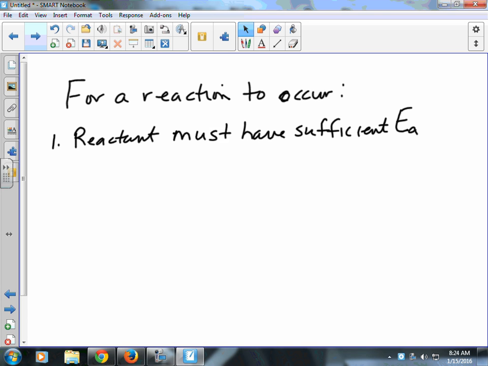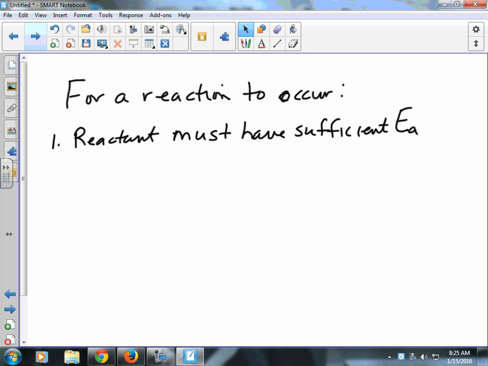Since they do not all have the same velocities, if some of them don't have enough velocity, they're not going to have enough activation energy for anything to happen. If they don't have sufficient velocity and activation energy, they collide and bounce off unchanged. No reaction. The ones that are faster, with more energy, collide and form the activated complex.